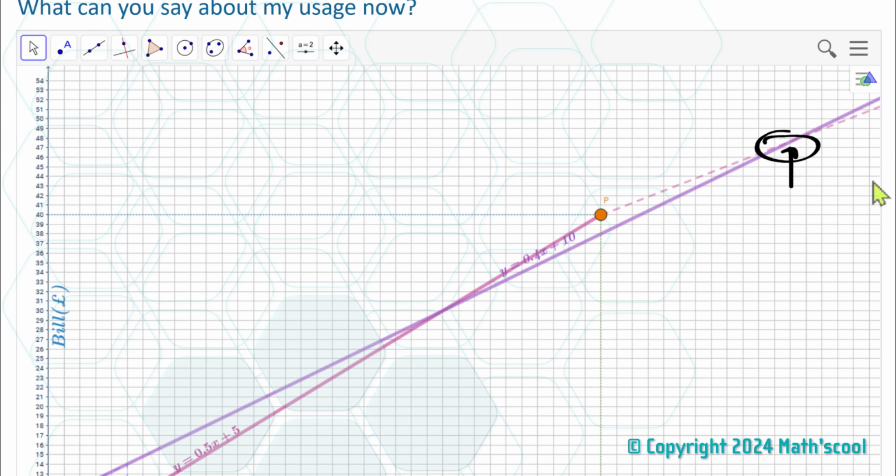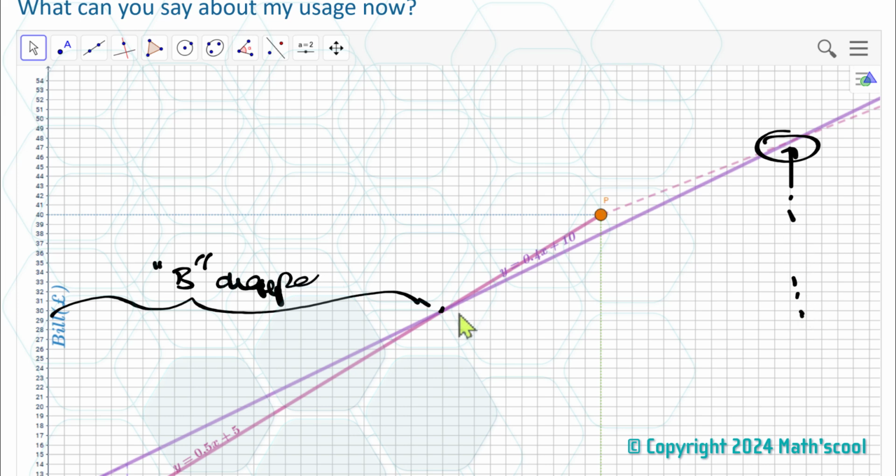So in this region here, the new supplier, we'll call that B, is cheaper. And then in this region here, the old supplier, A, is cheaper. Oh, sorry, I got that wrong, didn't I?